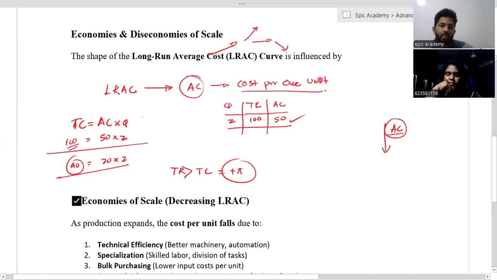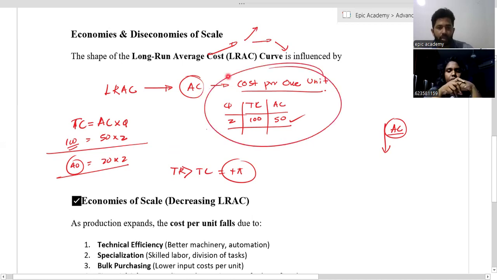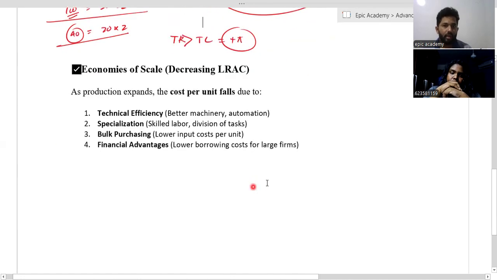During the long-term production process, the cost per one unit can be increased, decreased, or constant. That we call economic scale. First of all, we have to identify the economic scale. Economic scale means the cost per one unit, which we call average cost.